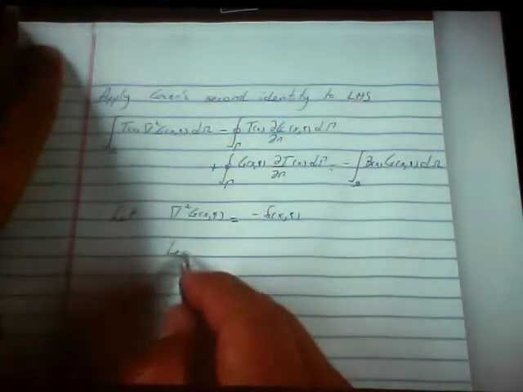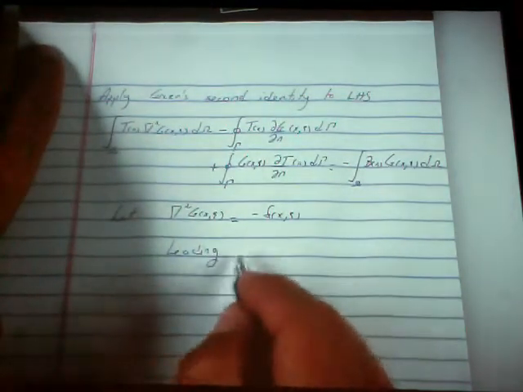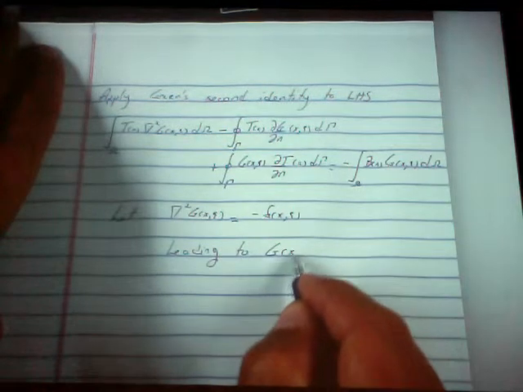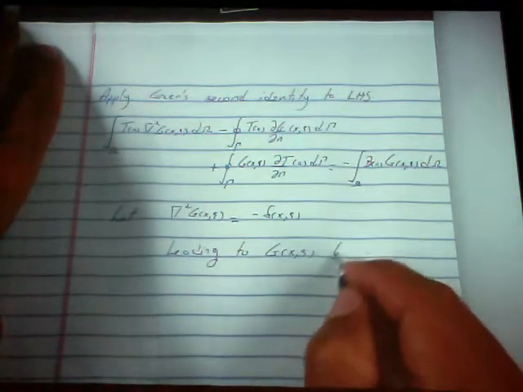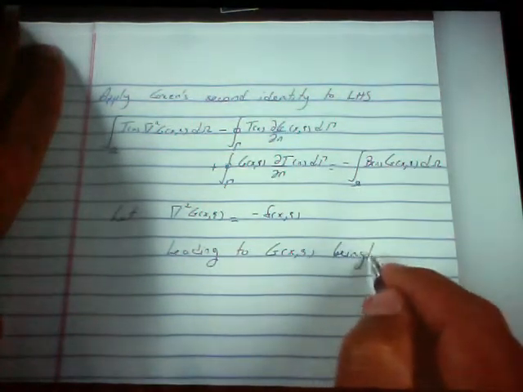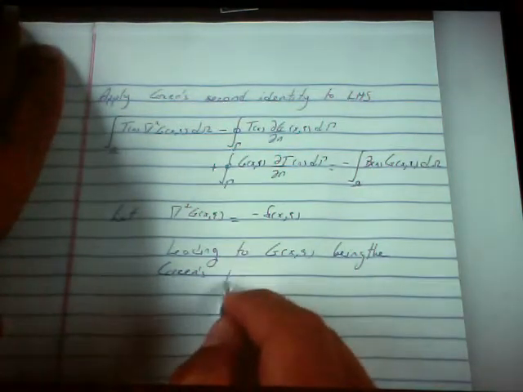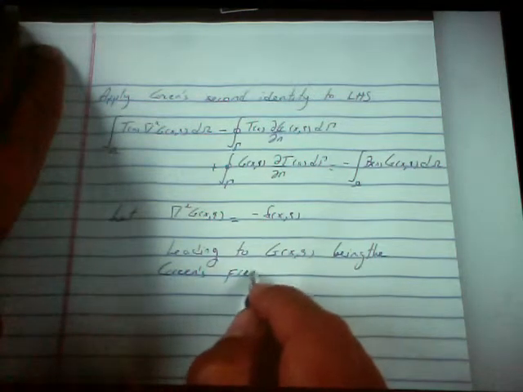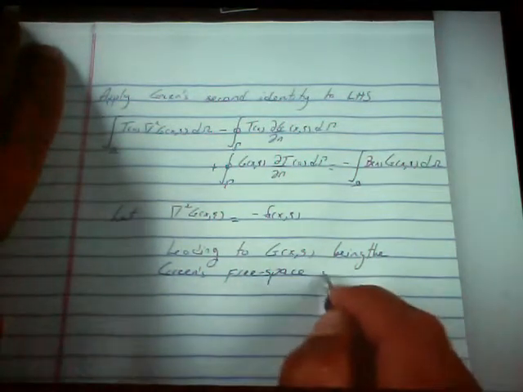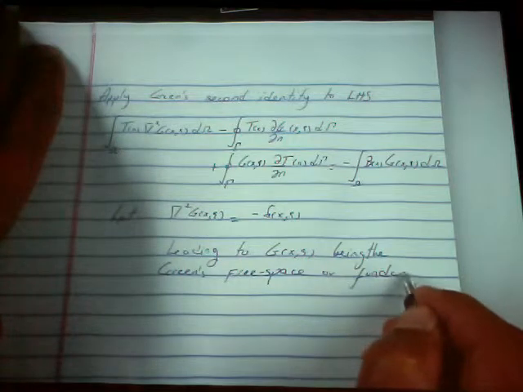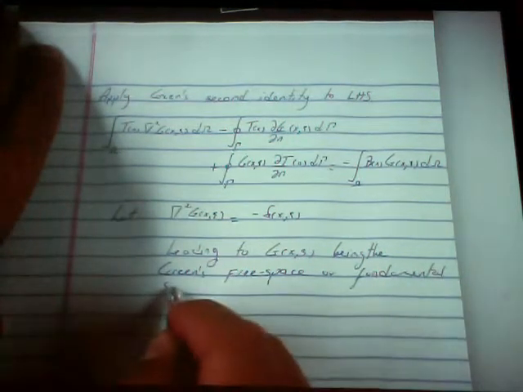So leading to G being the Green's free space or fundamental solution.